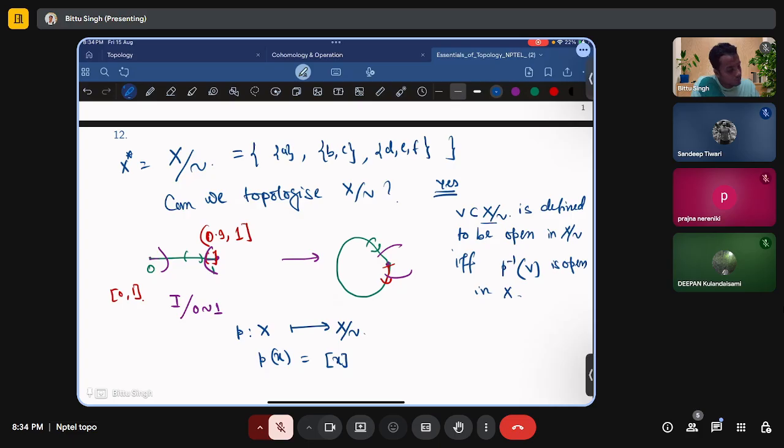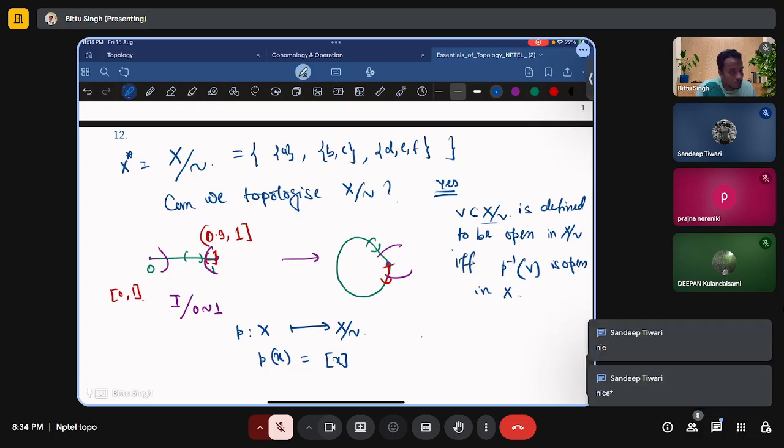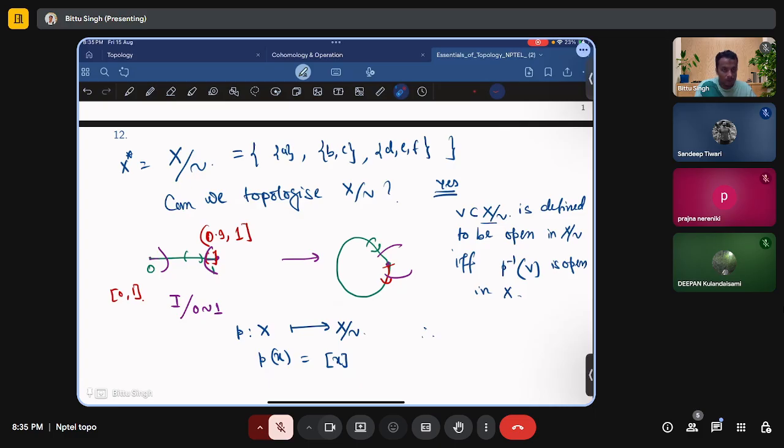Okay, this way we can generate a topology. Now we need to check that arbitrary unions are also open in this way, and the intersection of finitely many open sets in this way is also open.